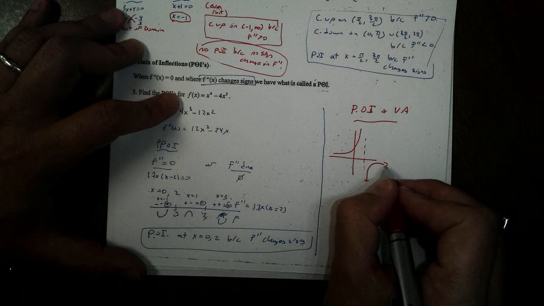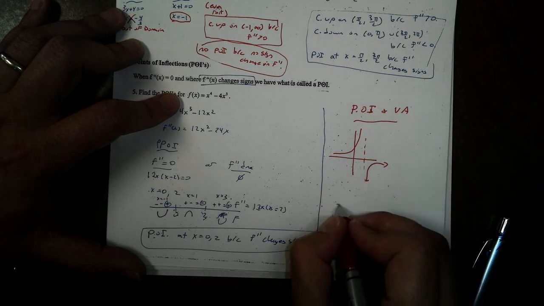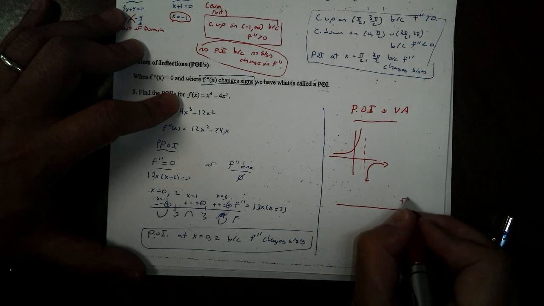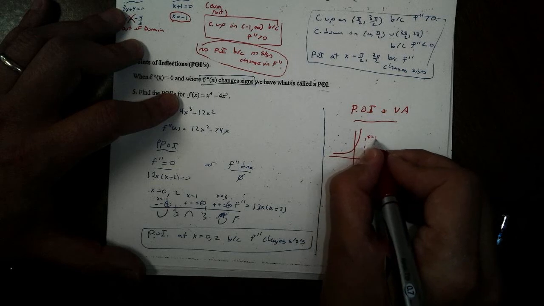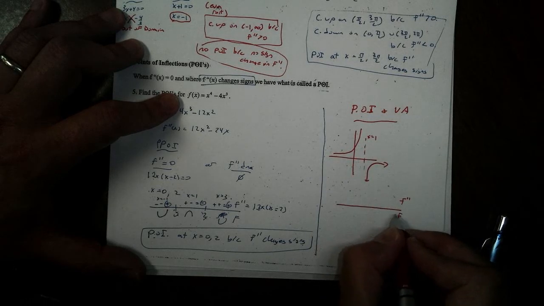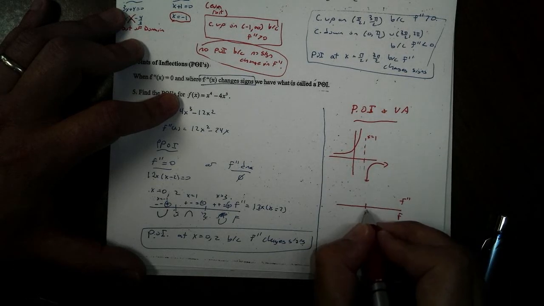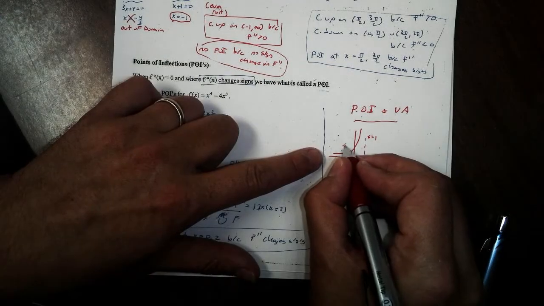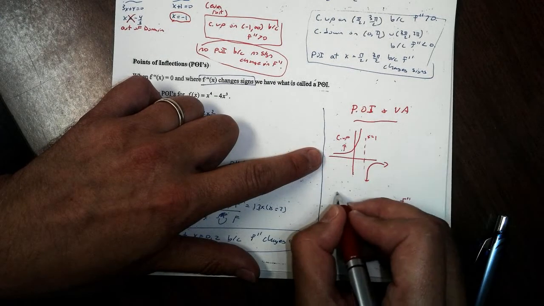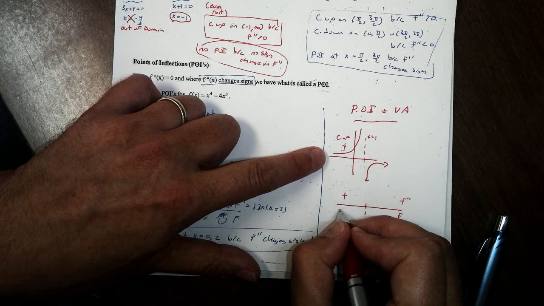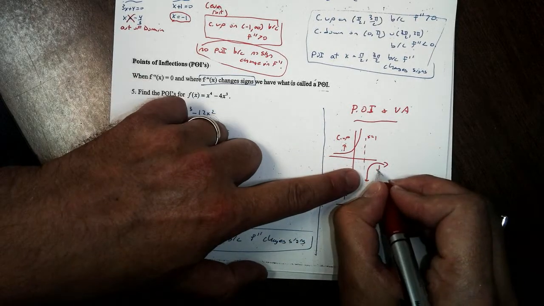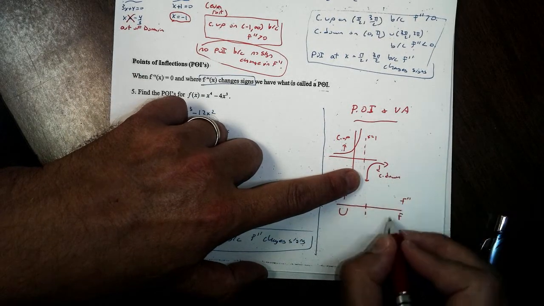Now this confuses a lot of students. If we were to look at the second derivative, at x equals 1, before x equals 1, notice this graph is concave up. So it's positive. After 1, this is concave down.